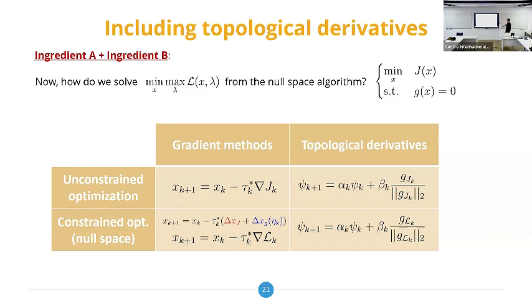So since for topological derivatives we found this Slerp equation for the original cost function, and with this analogy, why not use the same Slerp formula, but computing the topological derivatives for the Lagrangian expansion using the same parameters as we used before for the null space, the tau and the eta. And this is precisely what we have done in this work.